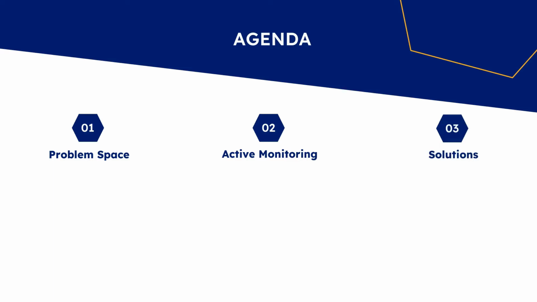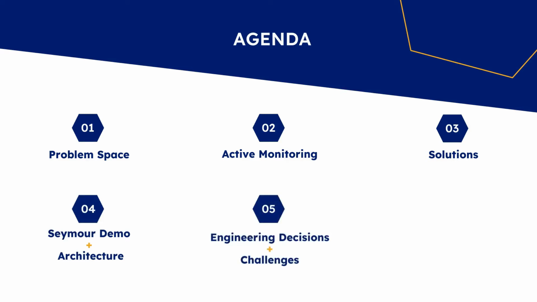We'll then present a quick demo of Seymour and how it is deployed, followed by a discussion about its underlying architecture. Afterwards, we'll talk about some of the design decisions we made and challenges we encountered along the way. Next, we're going to cover some additional features we'd like to work on in the future. And finally, we'll finish with a Q&A.